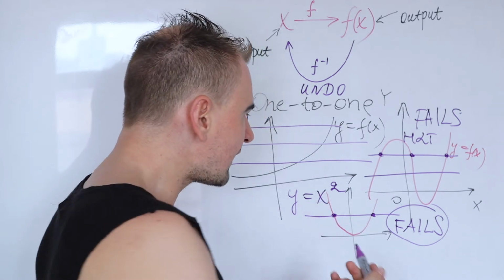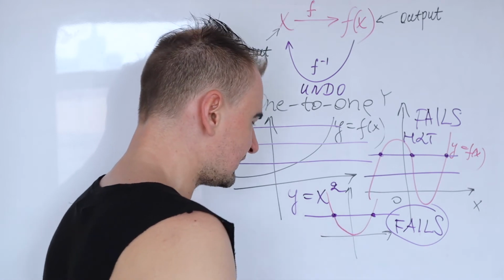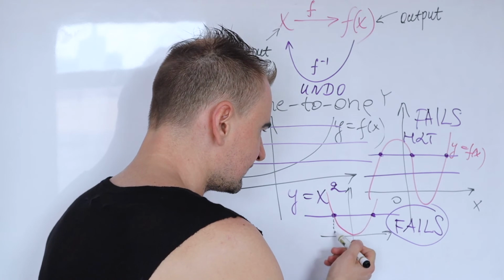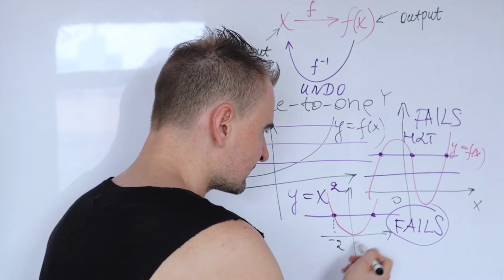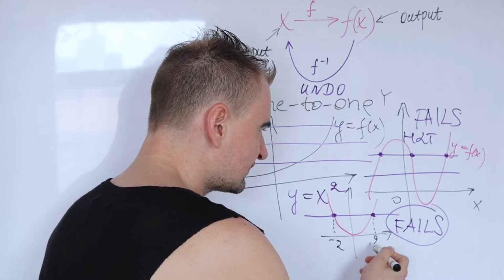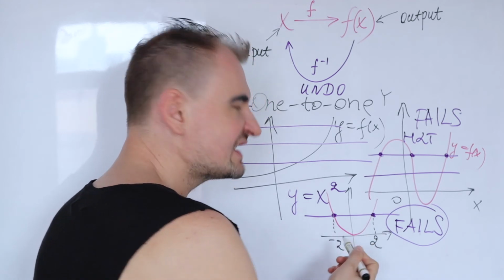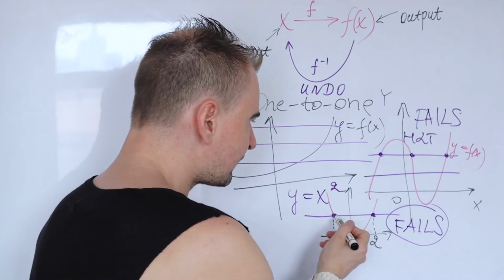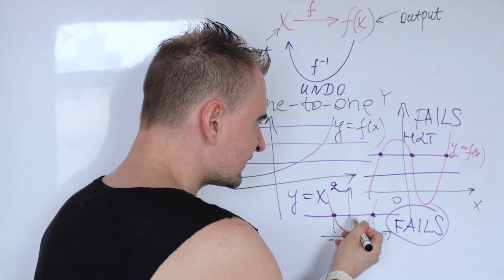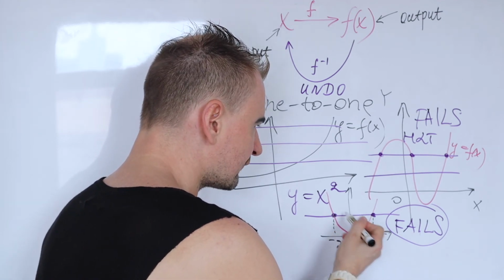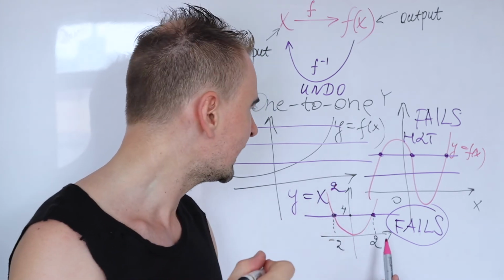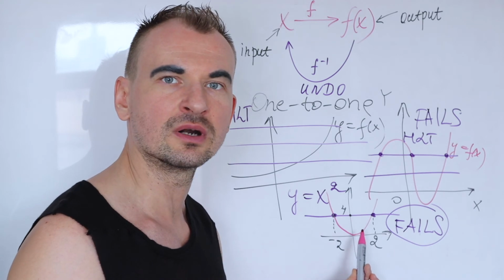If you look at the graph, that simply also means if you take two different values of x, let's say you take -2, and you take 2, for these two different values of x, you would have one corresponding y value, which is 4, since -2 squared gives you 4 and 2 squared gives you 4.